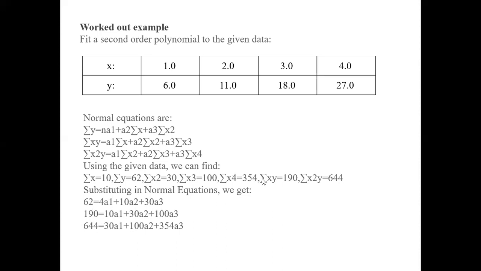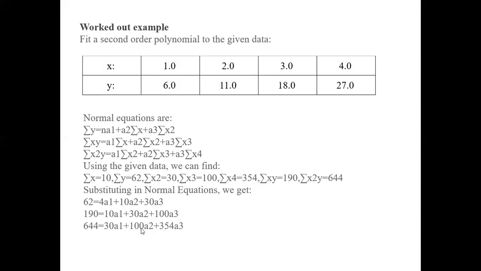Summation of x into y is 190 is equal to summation of x is 10 a1 plus summation of x square is 30 a2 plus summation of x cube is 100 into a3. Summation of x square y is 644 is equal to summation of x square is 30 a1 plus summation of x cube is 100 a2 plus summation of x raised to 4 is 354 into a3.